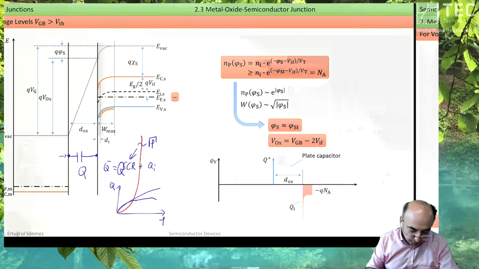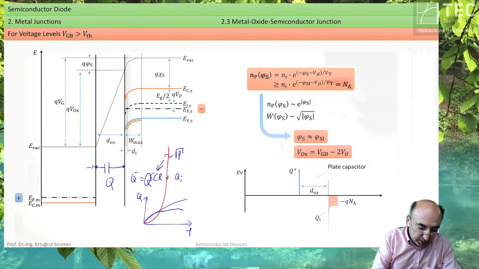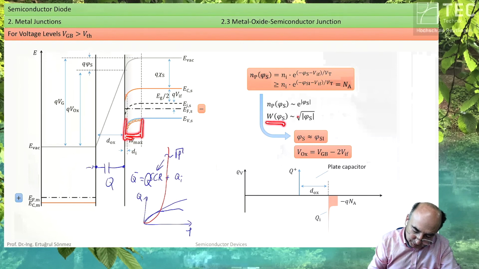So if you have excess voltage more than the threshold voltage, then your concentration increases exponentially, while the space charge doesn't increase exponentially, it increases by the square root of the potential.